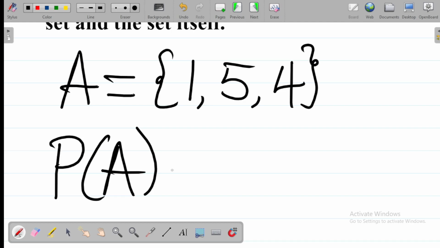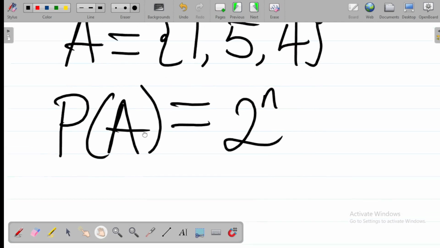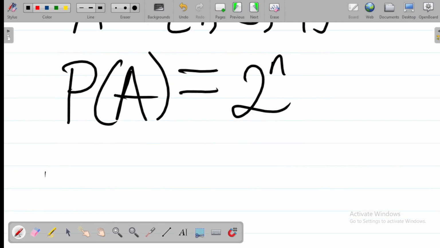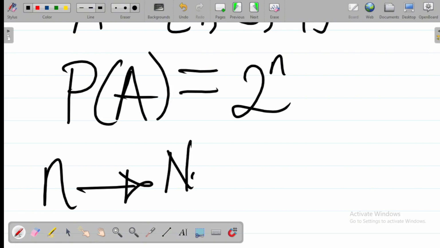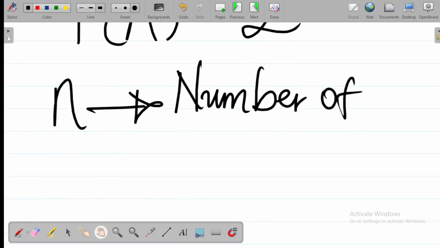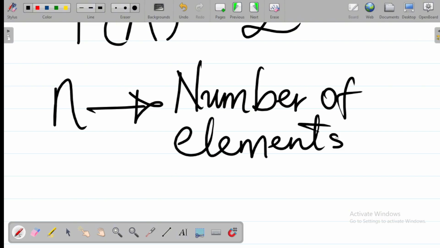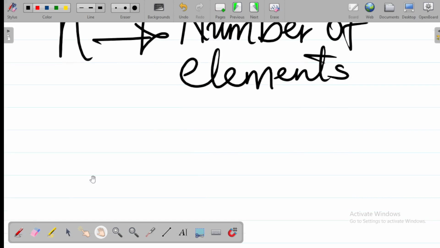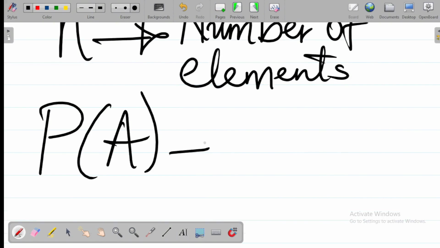So the power set of A is equal to 2 raised to power n. So what is n? n is the number of elements. So n is the number of elements in set A. Therefore, the power set of A is equal to 2 raised to power n.